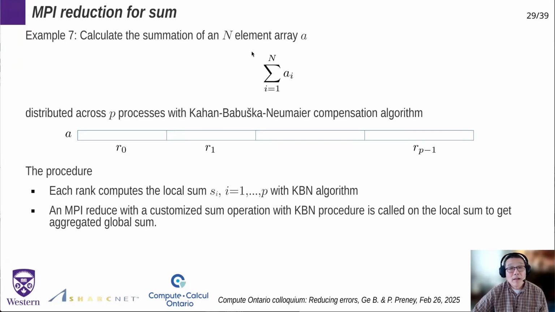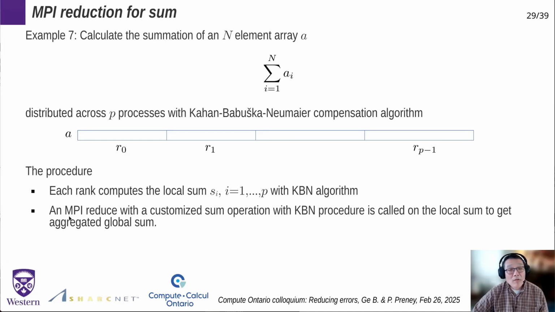So again, we generate n random numbers and distribute chunks of the array to p processes. And then the procedure is, as before, we compute the local sum with the compensated sum algorithm.